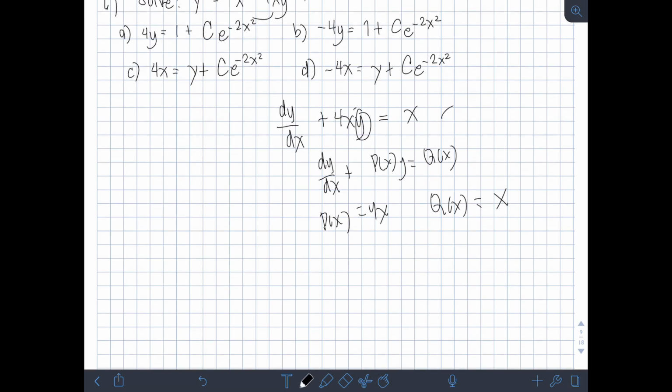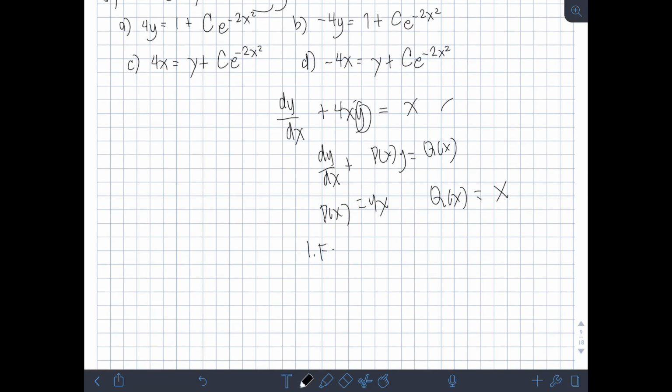Okay, so we can solve this using the solution of linear DE, where we use an integrating factor. So, let's first find the integrating factor. It is equal to e raised to the integral of p of x dx, right? So, e raised to the integral of, what is p of x? 4x.